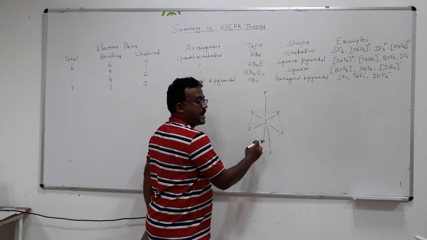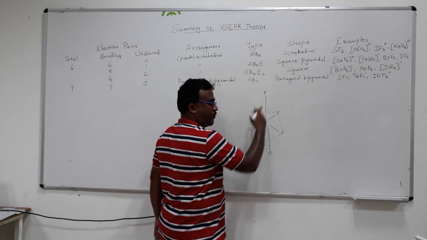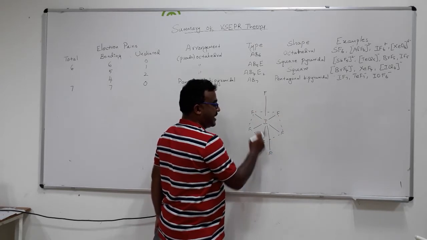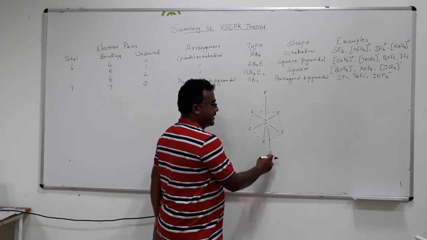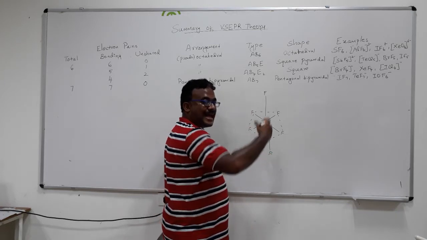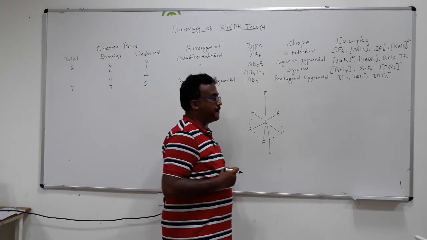It is a pentagonal arrangement and it is forming a bipyramid. This fluorine is connecting with 5 fluorine atoms to form a pyramid, and this other fluorine looks the same. If you connect this one with another fluorine, it looks like one more pyramid. So it will be called pentagonal bipyramidal.